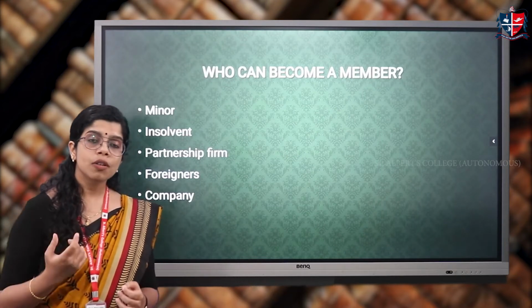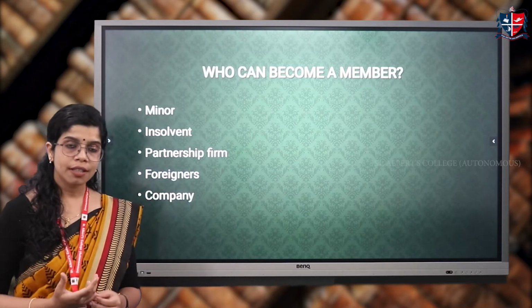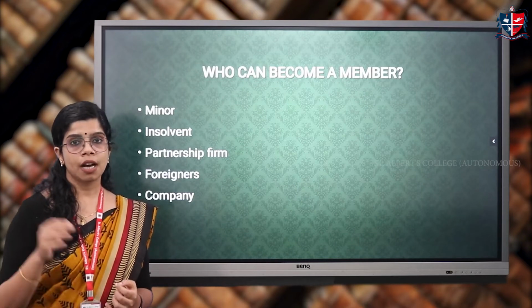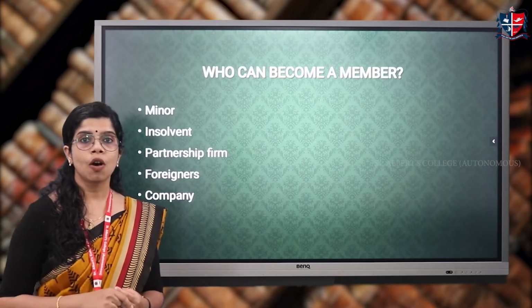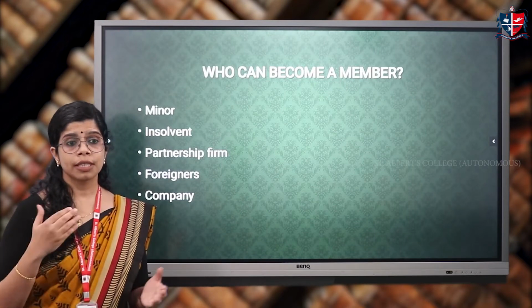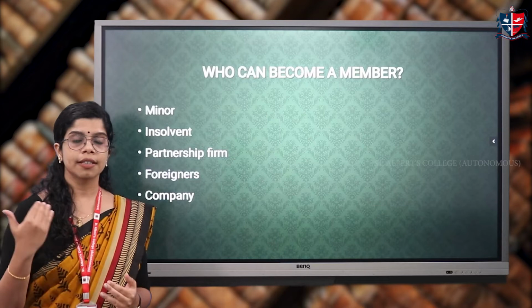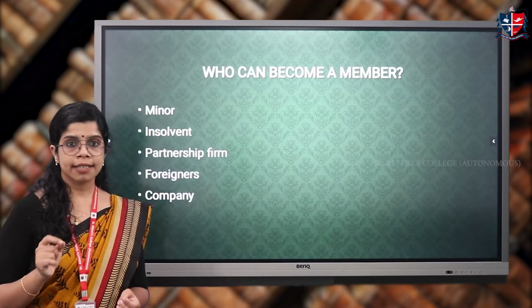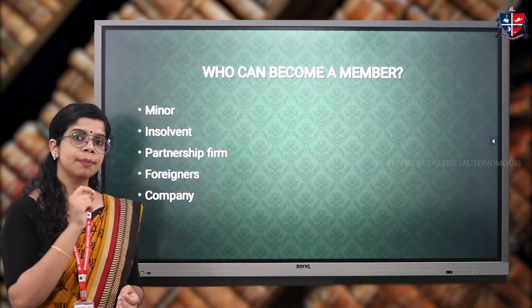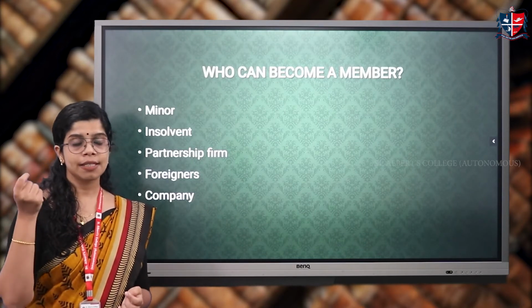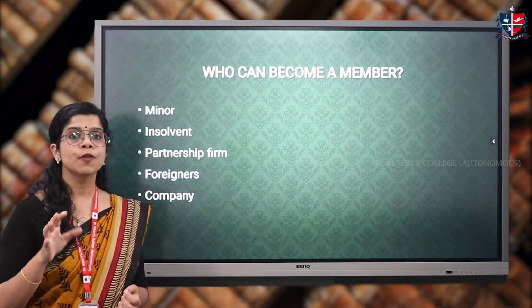But courts have approved cases wherein the minor is a member of a company after getting the approval of his guardian. The guardian has to enter into an agreement with the company, and in that agreement it has to be specified that the minor is going to be the shareholder and that the shares allotted to the minor are fully paid up.